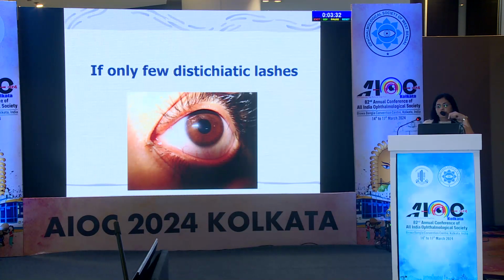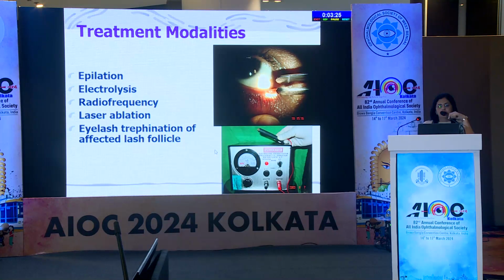So if only a few dystrichiatic lashes are present like this, an isolated 1 or 2 lashes, we can opt for manual epilation with forceps. However, we know the lashes regrow in 4 to 6 weeks. So electrolysis was initially done where electric current was passed. It causes lateral heat and excessive scarring of the lids.